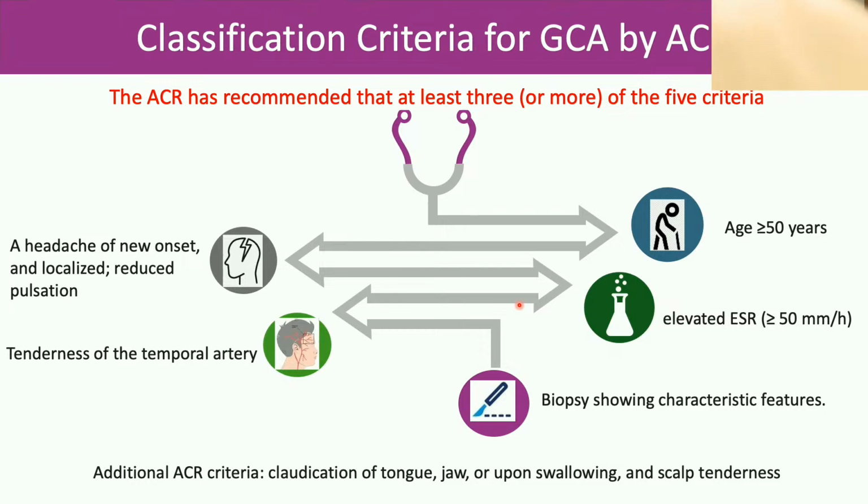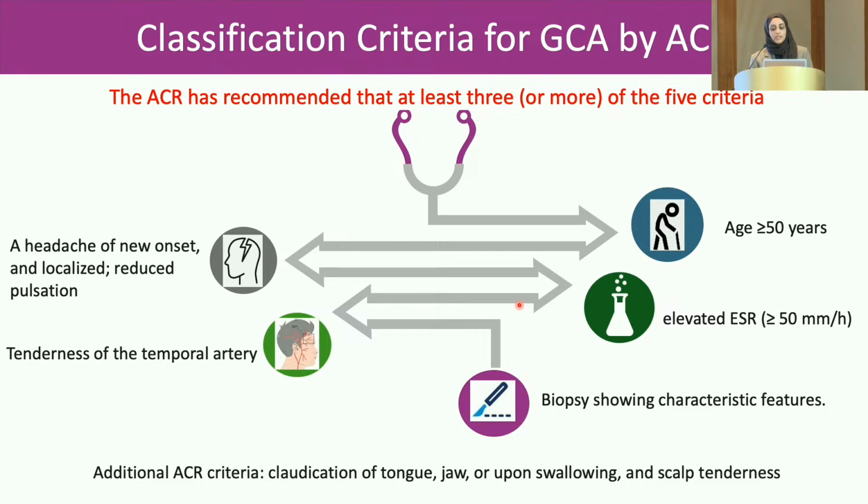So the classification criteria by the ACR, you have to have at least 3 or more of the 5 criteria. The 5 criteria include an age above 50 years old, an elevated erythrocyte sedimentation rate, a new headache in the temporal area with reduced pulsation, tenderness of the temporal artery.